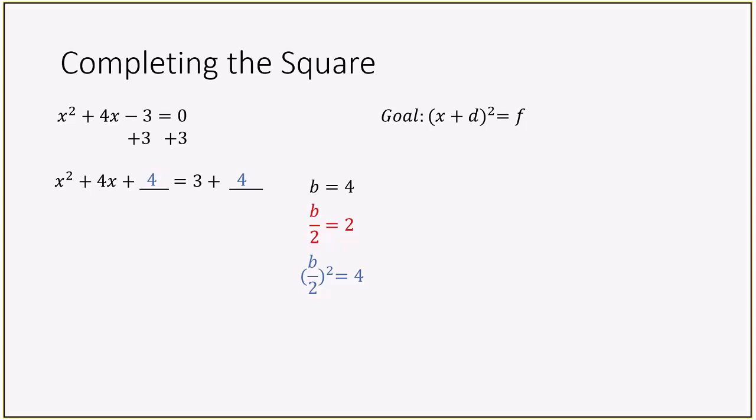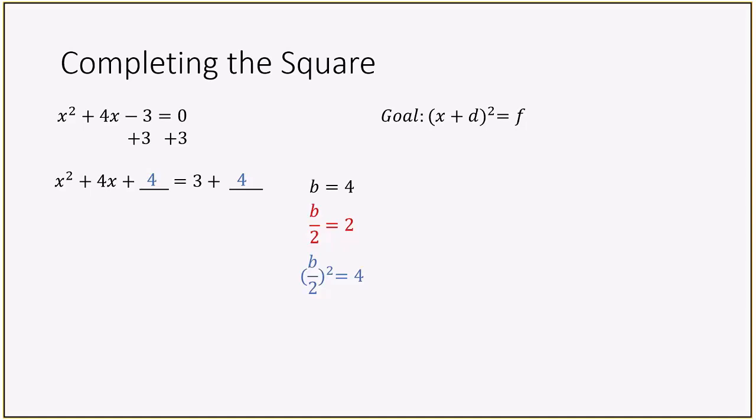Now my next step is, and this is almost like a magical step if you haven't seen completing the square, I'm going to factor my left side immediately. And if you wanted to factor it as we've done on previous slides, that's perfectly fine. Do that. That'll be a little bit more work, but at least it might make a little bit more sense in your head.